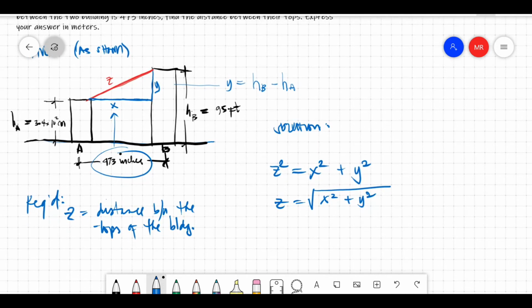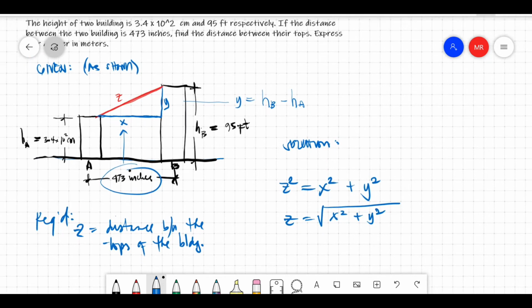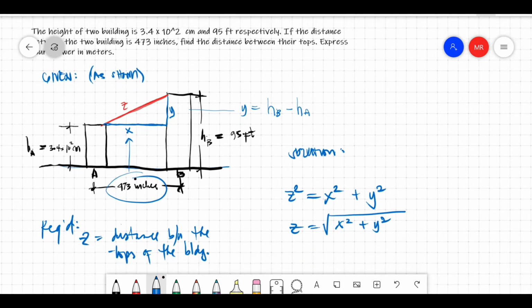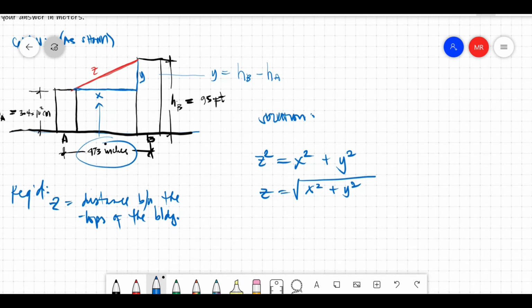We are asked to express our answer in meters, so we need to convert first. X is 473 inches.